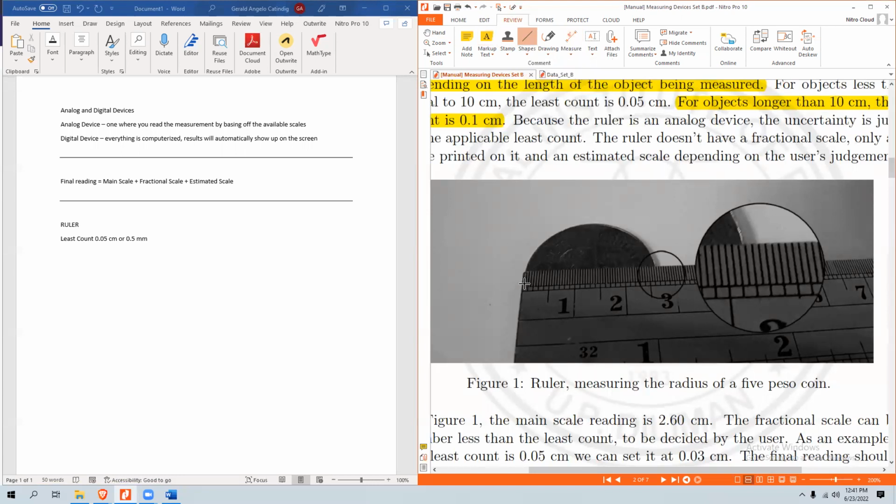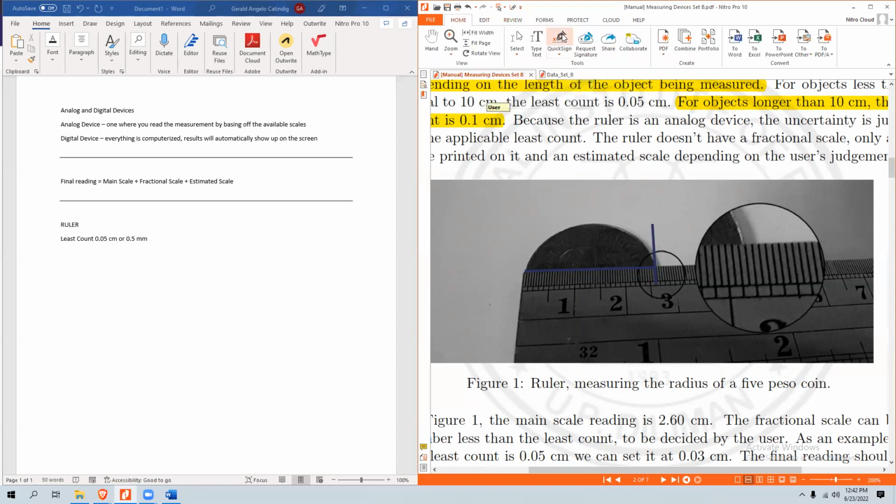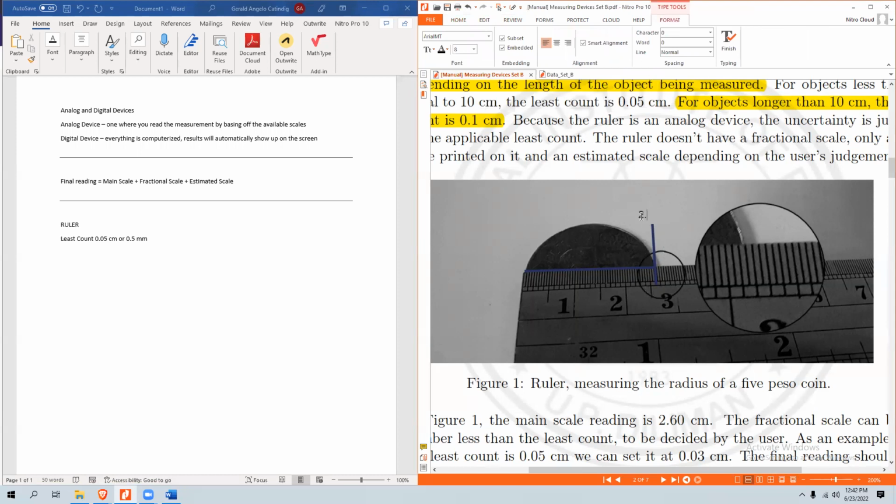Here, the 5 peso coin is situated near the 0 point of the ruler, and when you measure it, it coincides with this line here. So this line would coincide to 2.6 centimeters. Okay, let me just type here. So this would be 2.6 centimeters, sorry.